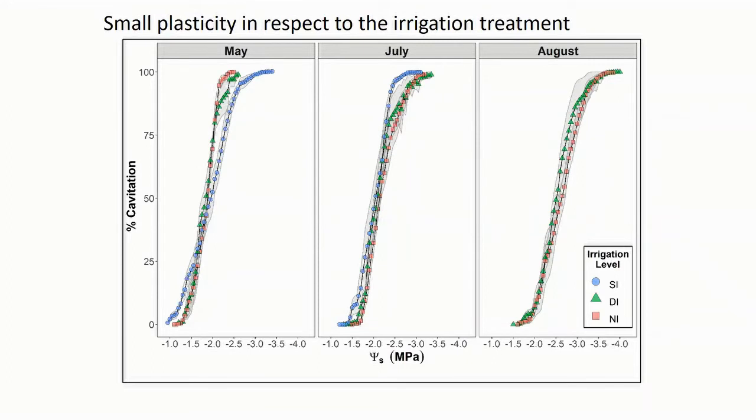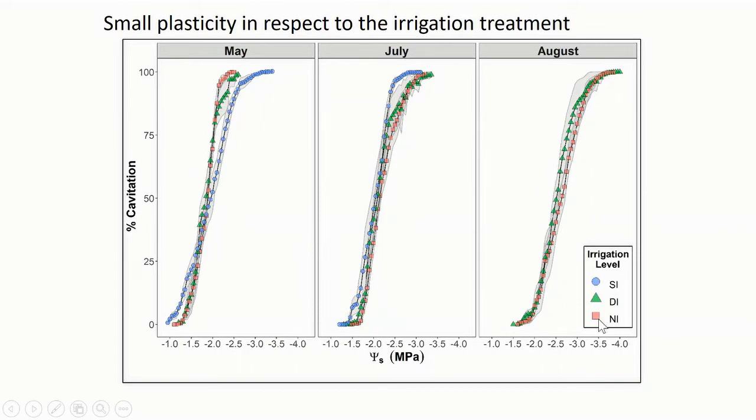So this is the vulnerability curve of the different treatments. And generally speaking, we thought that probably the plants that get less water will be more resistant to stress. And this was, in some cases, the result. You can see here that the red squares, the non-irrigated, are more resistant to cavitation compared with the other treatments.